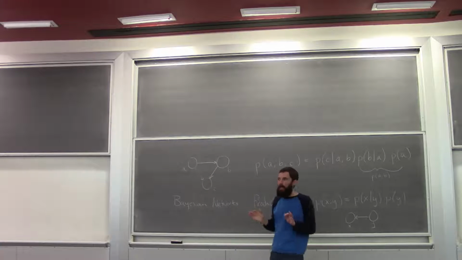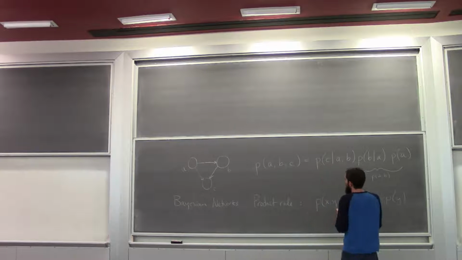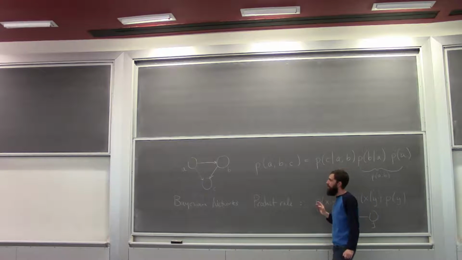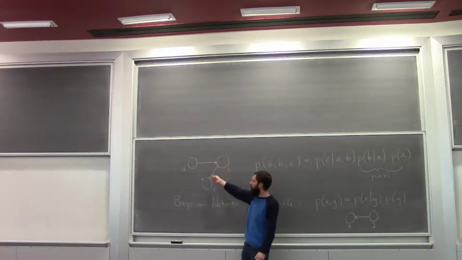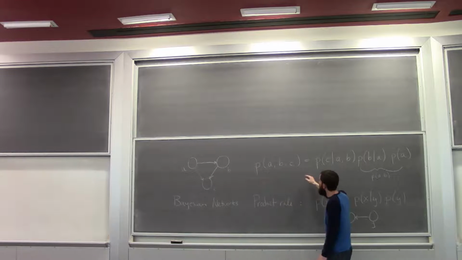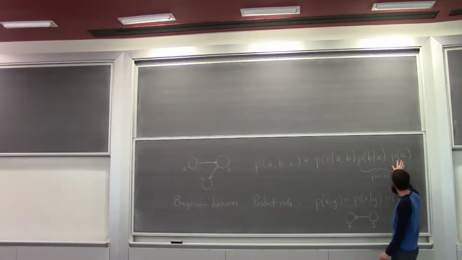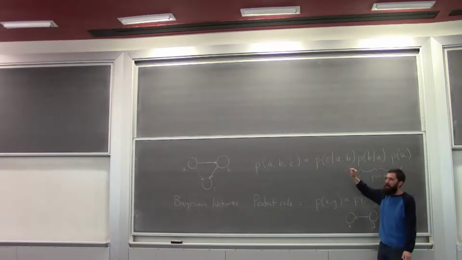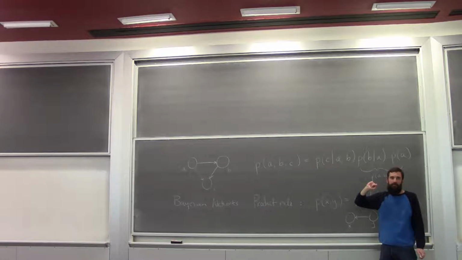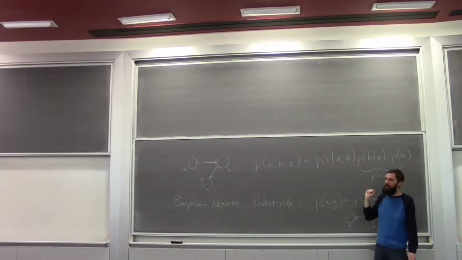Okay, but what we're going to see is that how you draw this graph, you can actually specify your model in terms of, instead of specifying the entire joint distribution, I now need to specify these three conditional distributions. Or this one's just a marginal, these two conditionals.